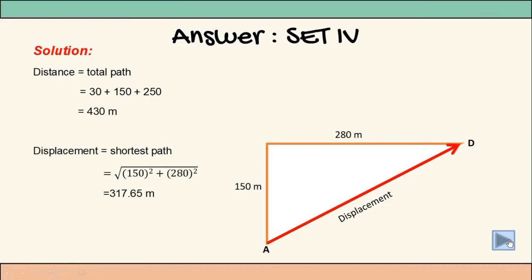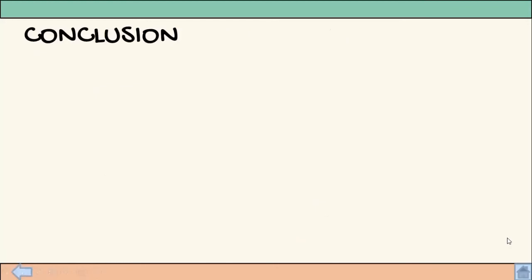Okay, before we end our class, that's how we determine the distance, the displacement, the speed, velocity, and acceleration.